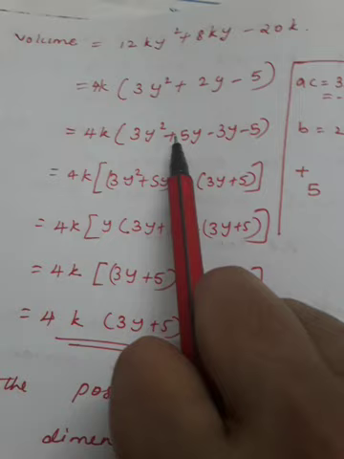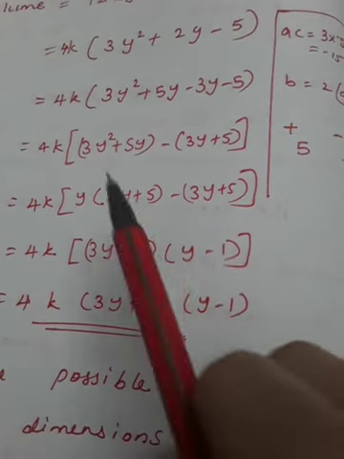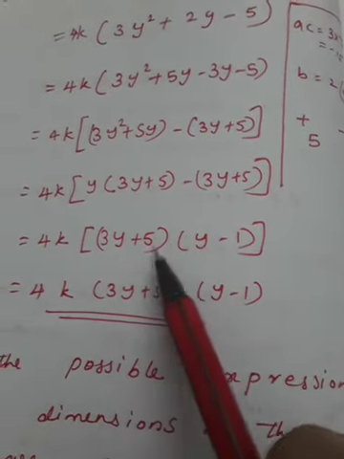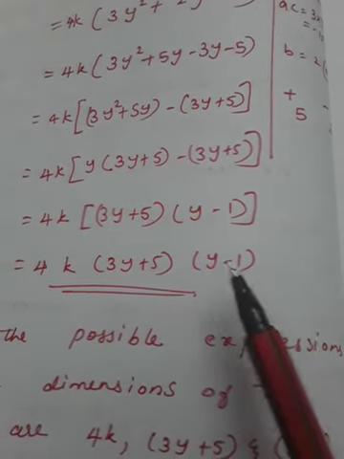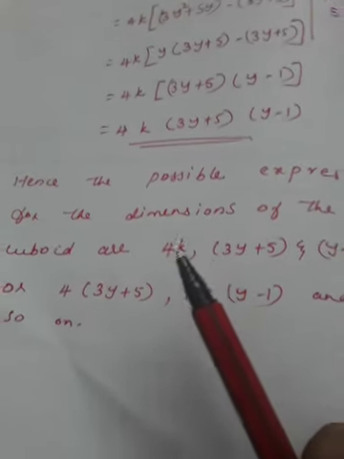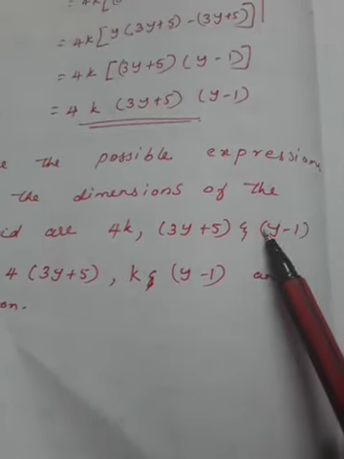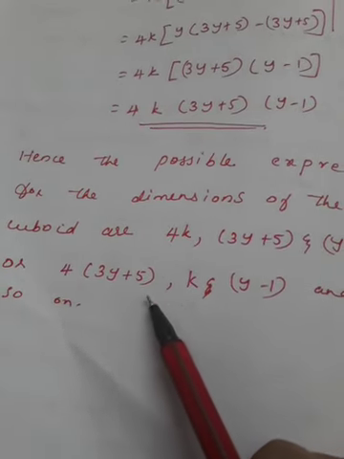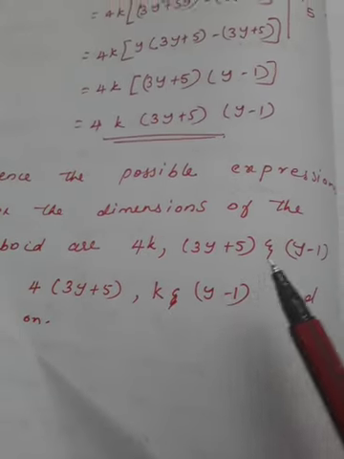So we split the middle term as plus 5y minus 3y. Then, making the groups, take the common factor outside. Then we get 3y plus 5 into y minus 1. So actually the factors are 4k, 3y plus 5, and y minus 1. Here we can also write this as 4k, 3y plus 5 and y minus 1, or 4 into 3y plus 5, then k, then y minus 1, or in any order.